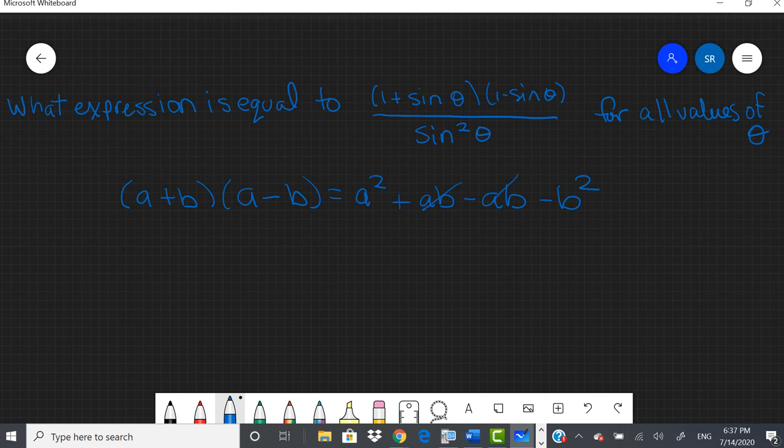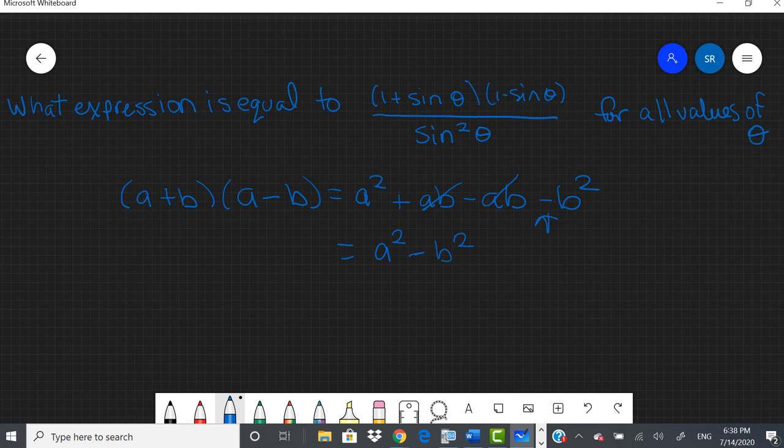The middle terms go away and we end up with a squared minus b squared. It's very important to keep the minus there. It's definitely always minus here, otherwise it doesn't work.